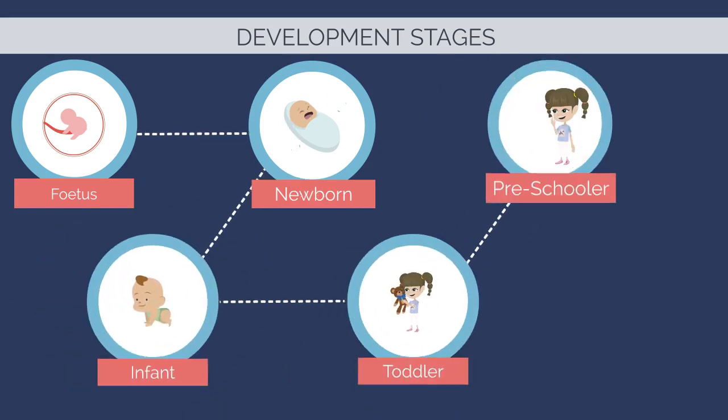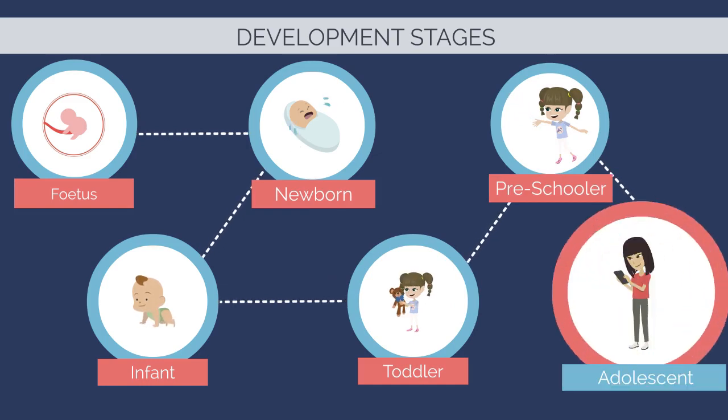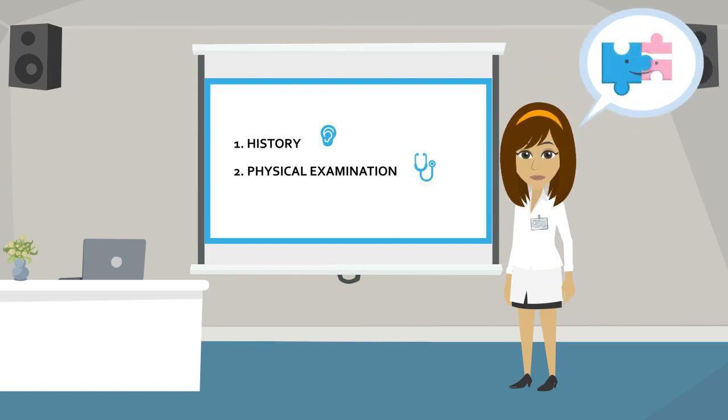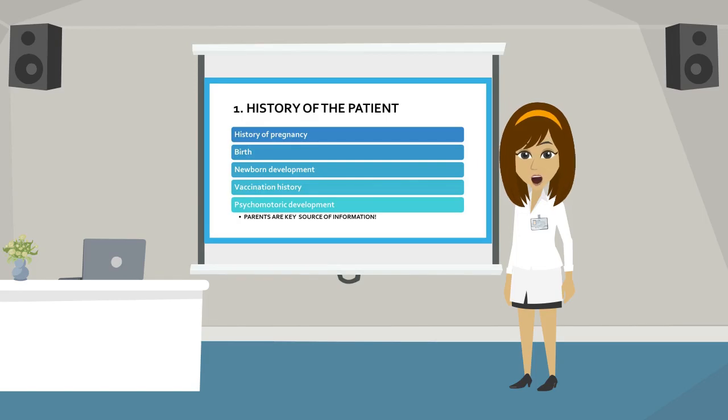When conducting the examination of a newborn or an infant, two aspects serve as key sources of information: history and physical examination. Firstly, the history of the patient must be taken just as in any other patient.